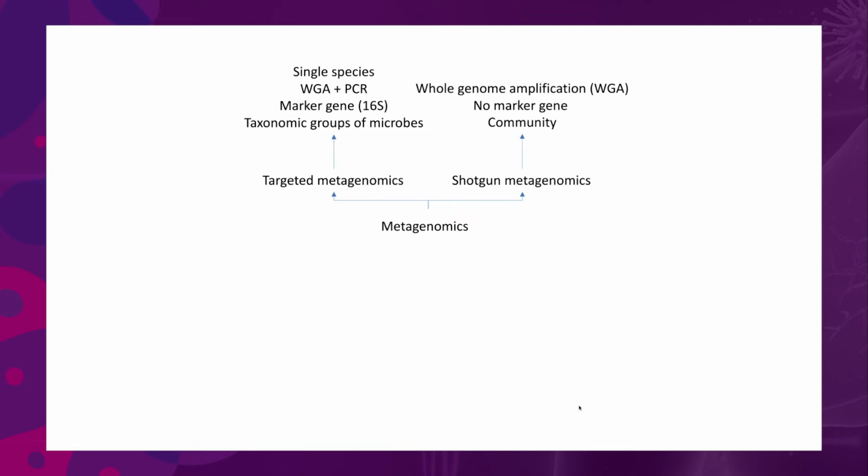Rather, we aim at discovering whatever genetic information is present in the environmental site that we decide to sample. This means that we don't use a PCR based on any marker genes. And for most instances, a step where we need to amplify our genetic material needs to be included in the pipeline.